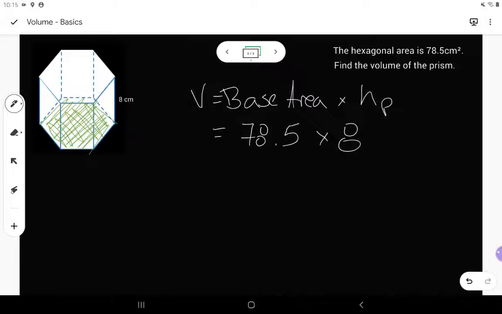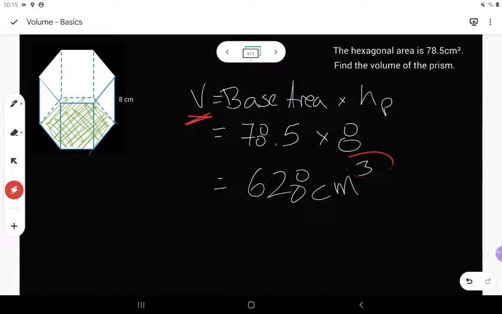And I should have pre-done this so that I knew what the answer was going to be. But why would we want a good video? Okay, so that is 628 centimeters cubed, and it's centimeters cubed because volume is a 3-dimensional calculation about how much space the shape occupies in a 3-dimensional world.